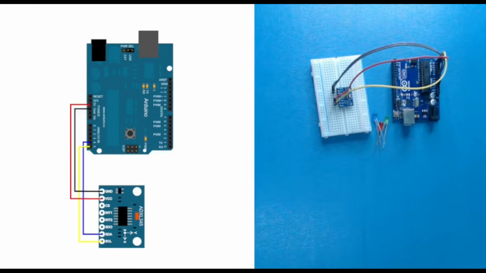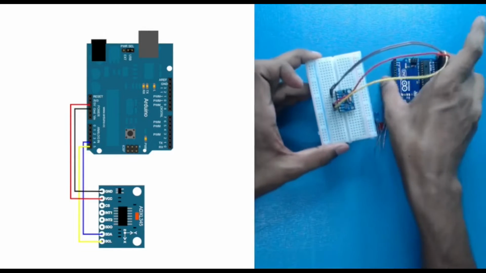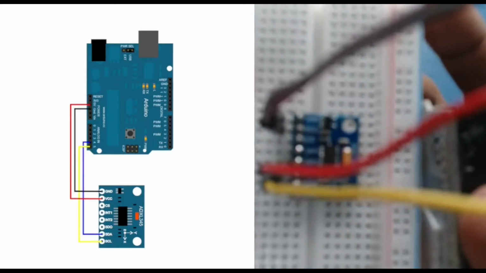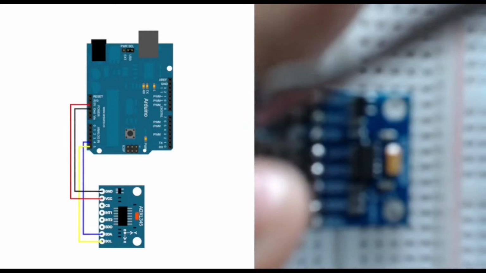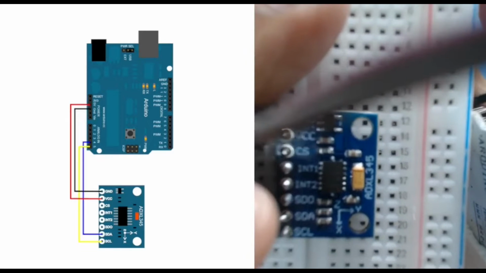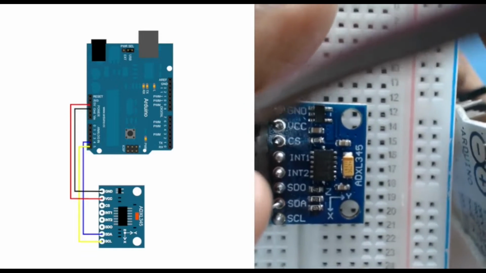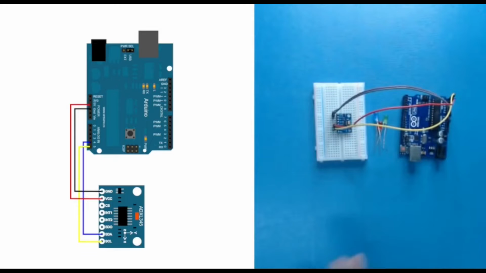Now let's understand the code. So for coding it, we have a library of the same name. That is the name which we have here, if you see it carefully. Yeah, ADXL 345. So we have to search it on Google. So let me show you how you have to do it. Okay.